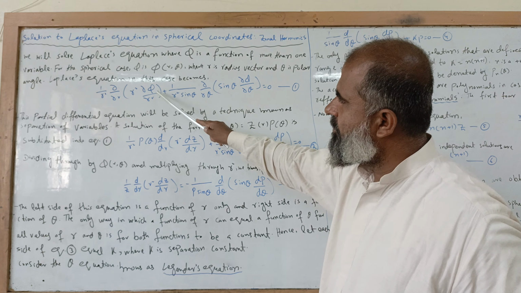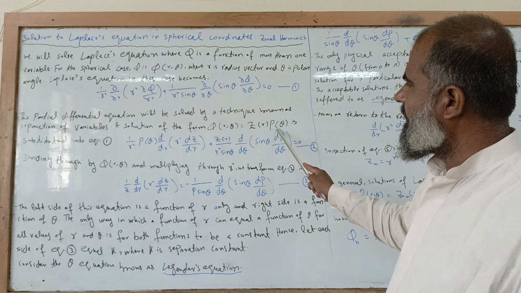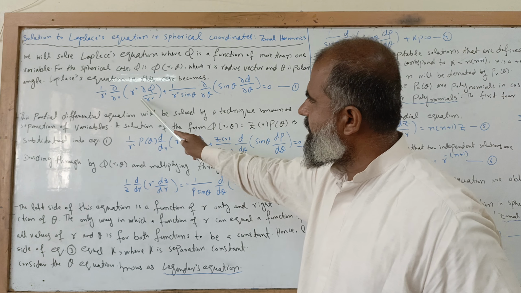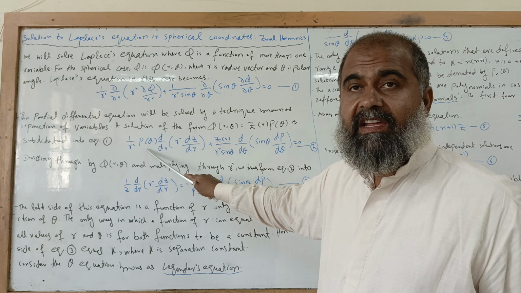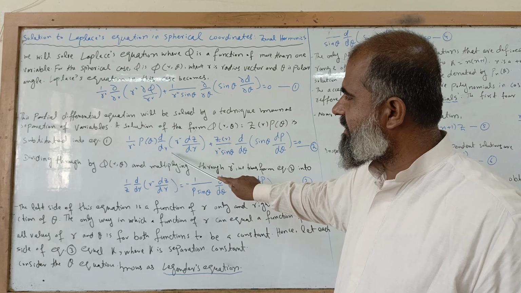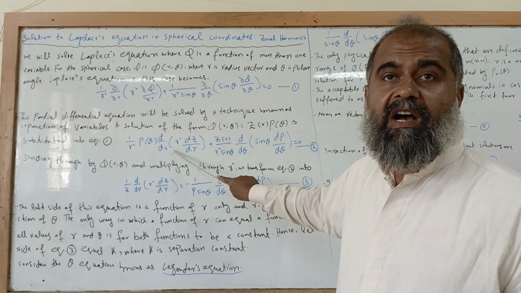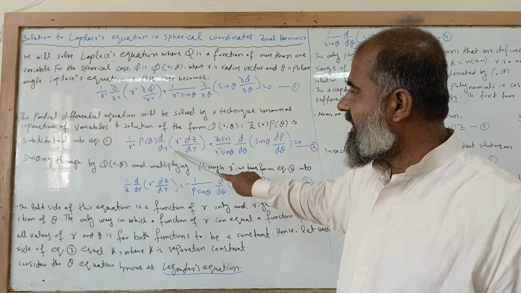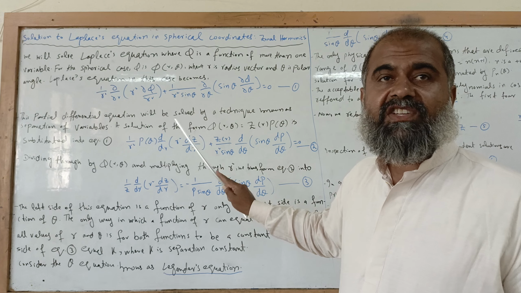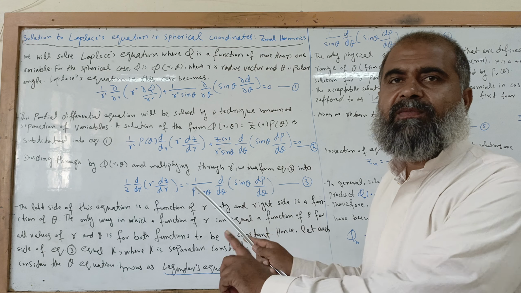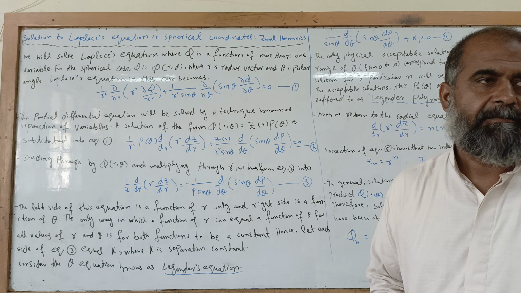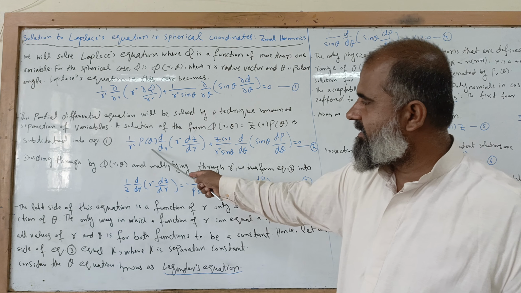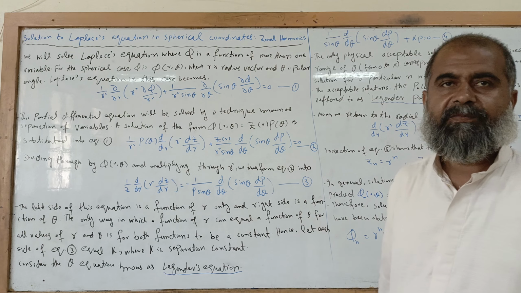Over here, you wrote Z times P, and P will be outside this partial derivative. Why? Because this derivative is with respect to r, and the term having theta will be considered as constant. Therefore, we have taken P of theta outside the d by dr derivative.